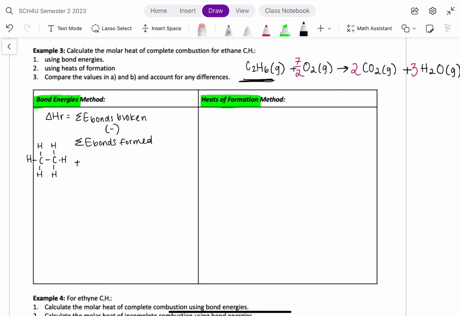There is also 7/2 oxygen molecules. We've already learned how to draw the oxygen molecule in class, as well as carbon dioxide. That looks like this. There's 2 of these, and 3 water molecules.